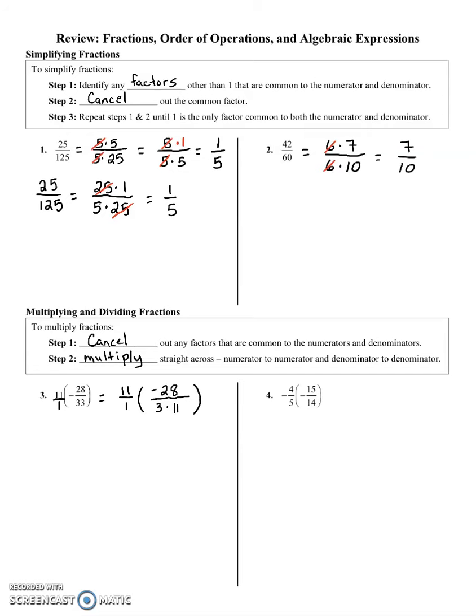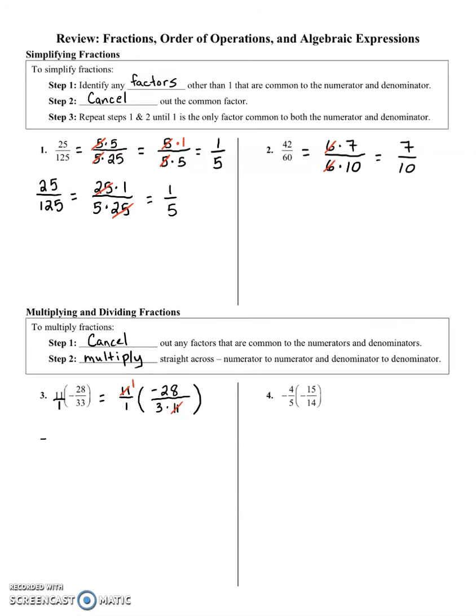Now, we can cancel between the numerator of one fraction and the denominator of the other fraction just because they're multiplied together. So the 11s cancel. And remember, that leaves us with a 1 up here where this 11 in the numerator was.